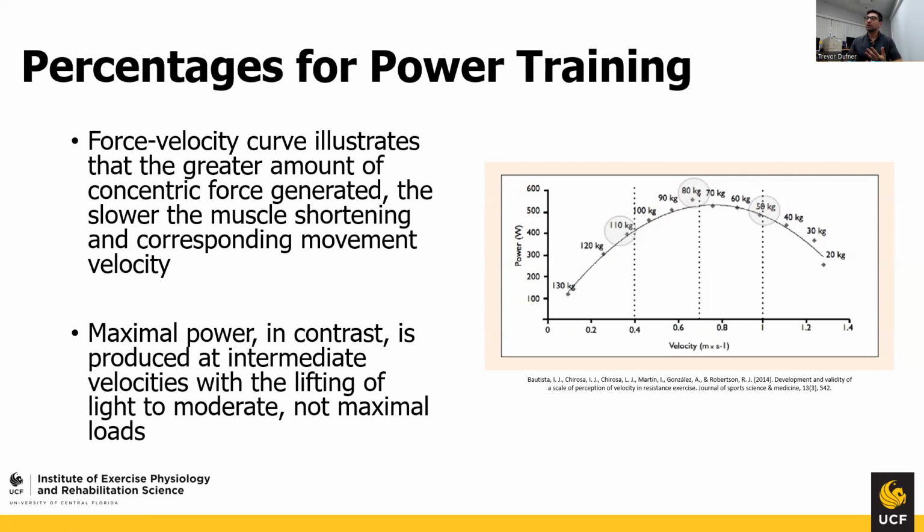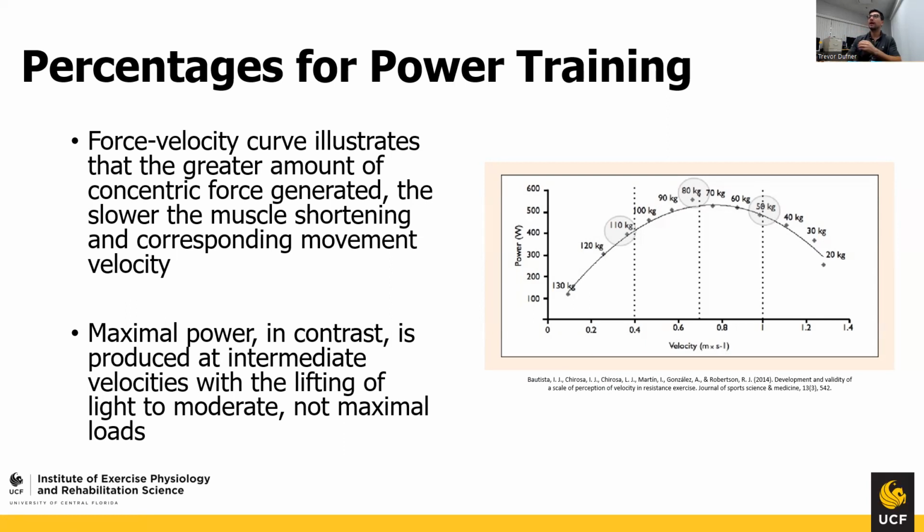If you are lifting a really, really heavy weight, it is really hard to move that weight really fast, and therefore power won't be really high. But also, if you are moving a really, really light weight, when you're estimating power, the resistance in that power equation is not as high, so power won't be as high. But also, because you are lifting a really light weight, you are able to move really, really fast, which is going to diminish the efficiency of force production.